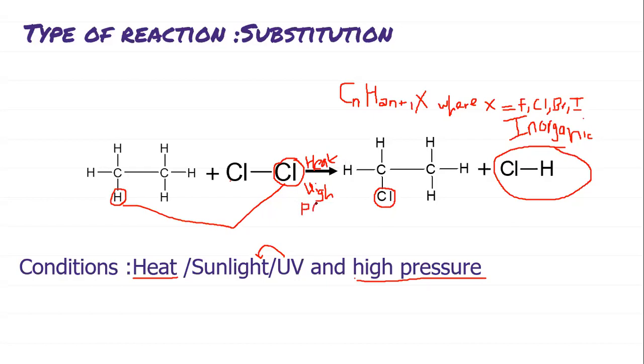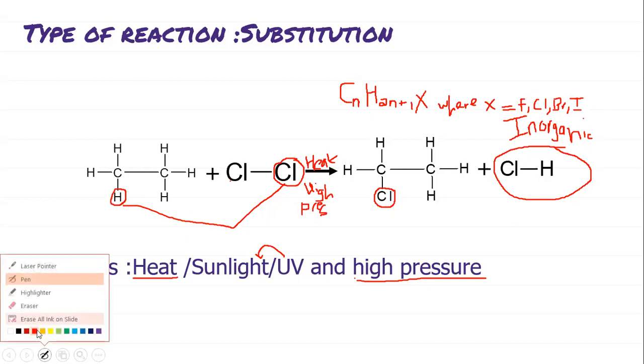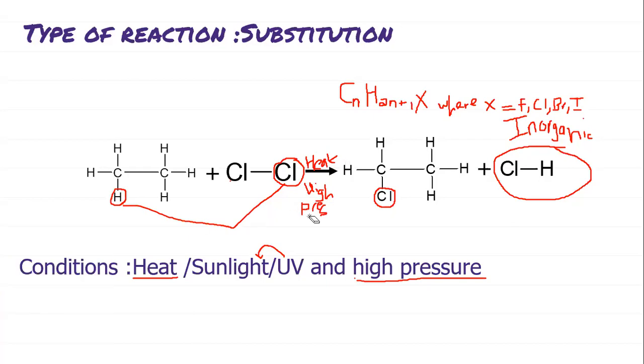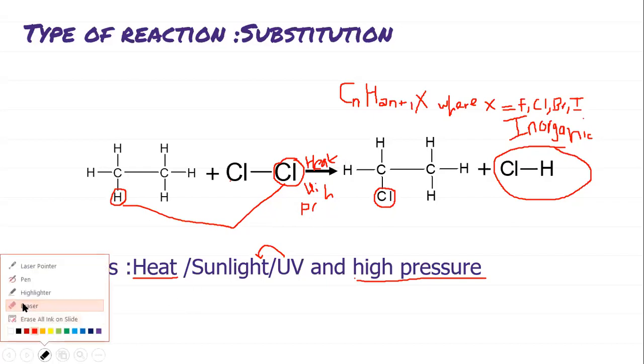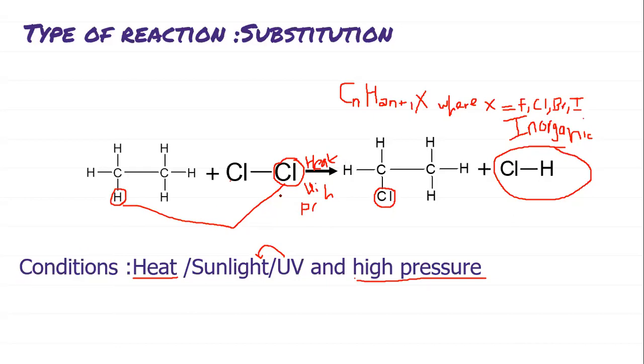And lastly, my dear learners, remember, after writing down a balanced chemical equation, just double check for yourself that the number of carbons on the left is equal to the number of carbons on the right.